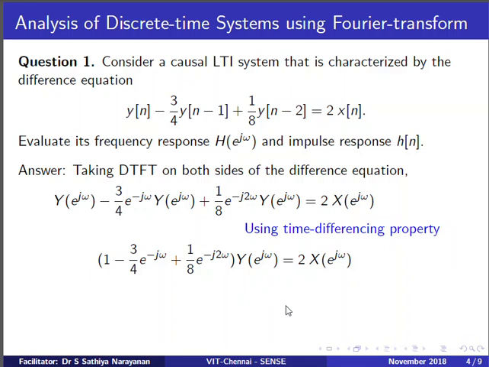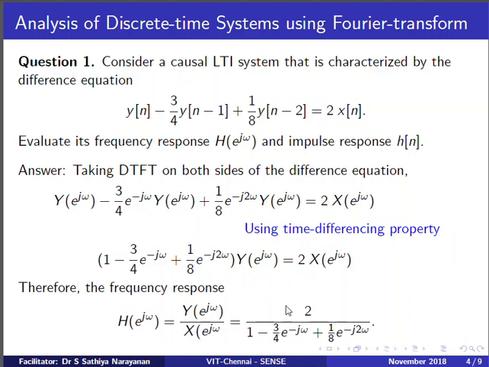A simple cross multiplication will give H of e raised to the power j omega, which is the frequency response of the given system, equal to capital Y divided by capital X.